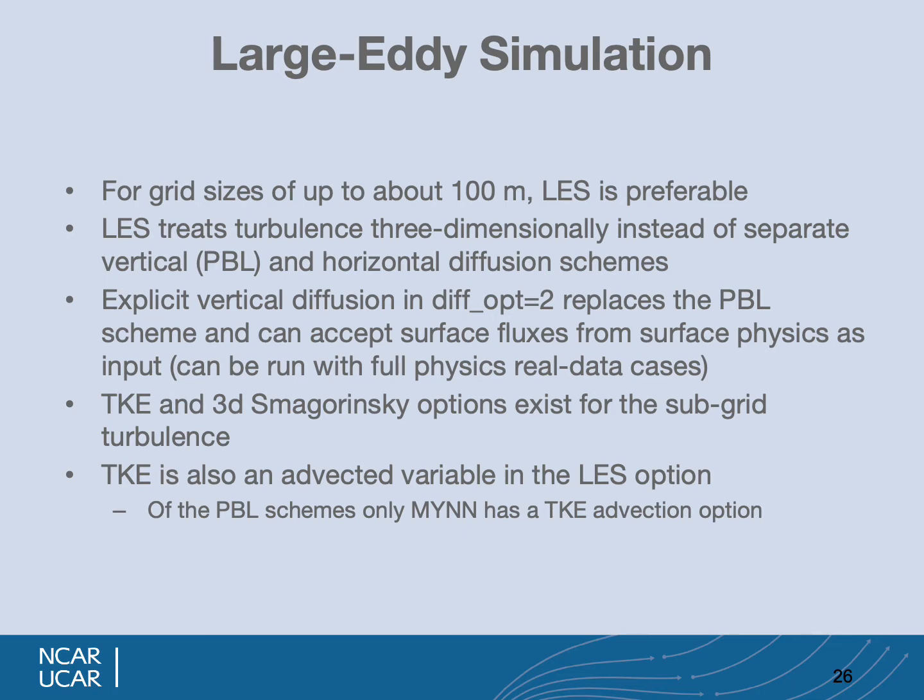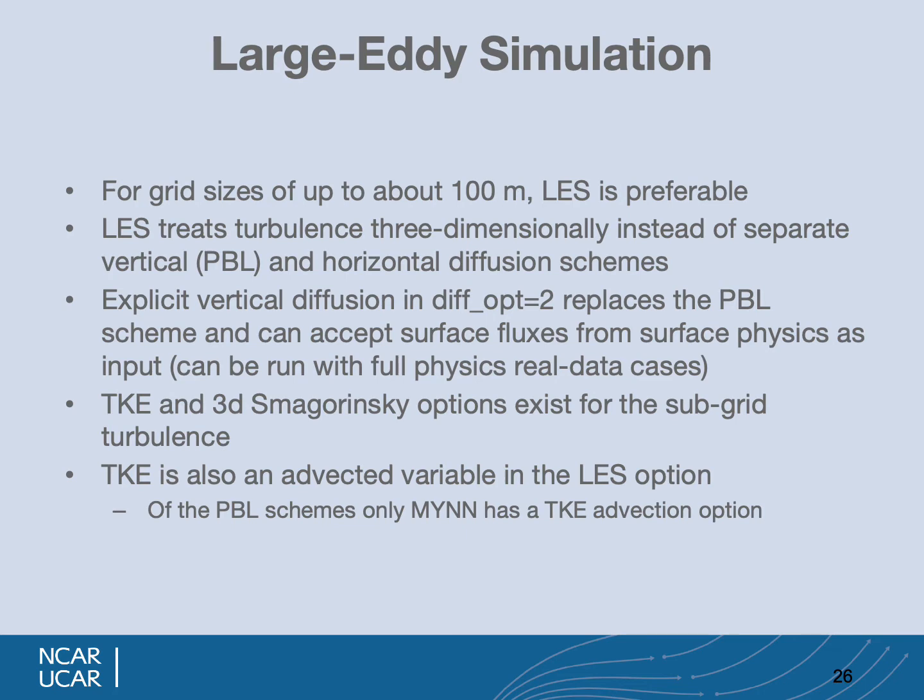We have two choices for the K coefficient in LES. One is a TKE option with a prognostic TKE equation, and the other is the 3D Smagorinsky option, which is a diagnostic way of computing the mixing coefficient. TKE is an advected variable with the LES option, so it's a prognostic variable that moves with the wind.